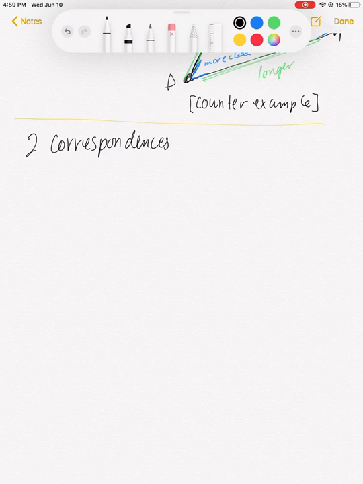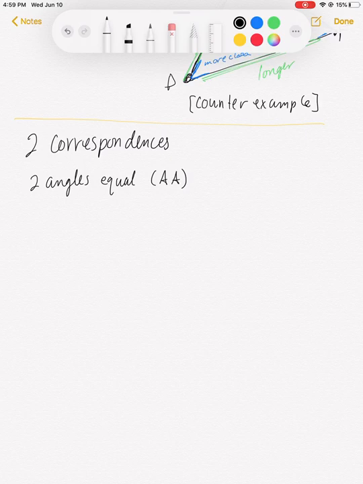Well, 2 correspondences could be 2 angles. 2 angles equal. And I'm going to call that an AA correspondence. So 2 angles are equal.